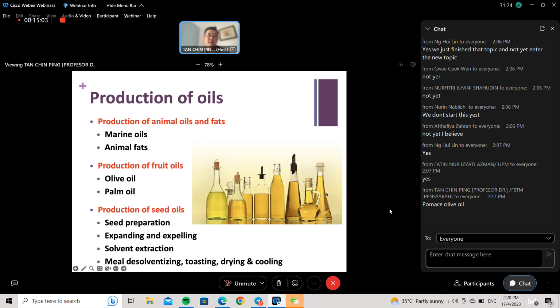So to begin with, production of seed oil usually requires the use of solvent to do the extraction. Therefore, eventually they pass through a very different path of refining process compared to fruit oil. So the refining process for seed-based crude oil is usually very different from the one that we use for palm oil, for example.